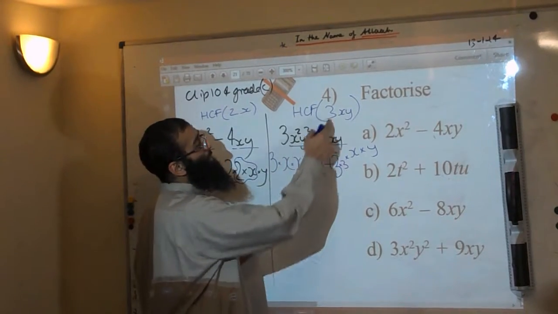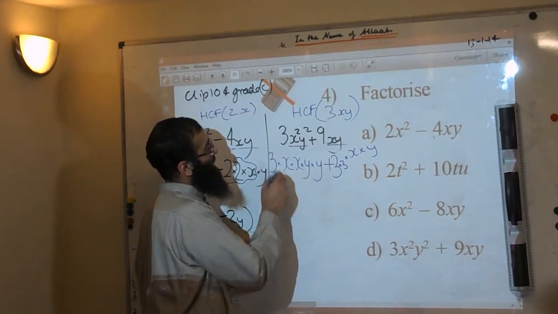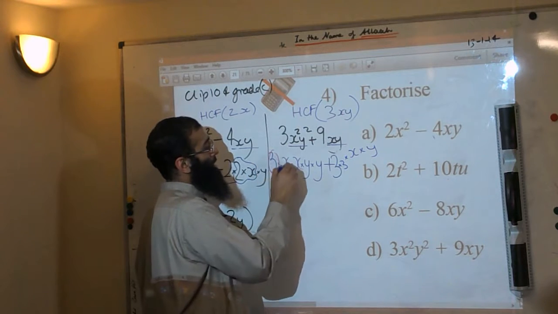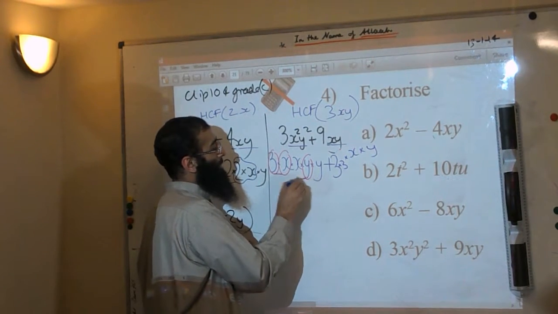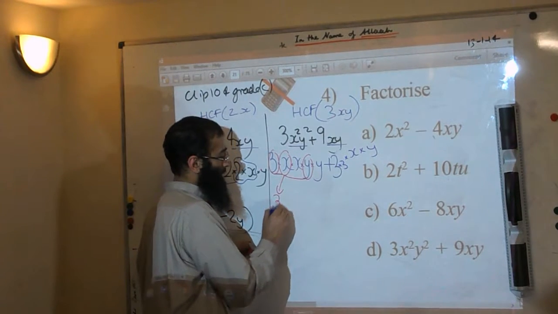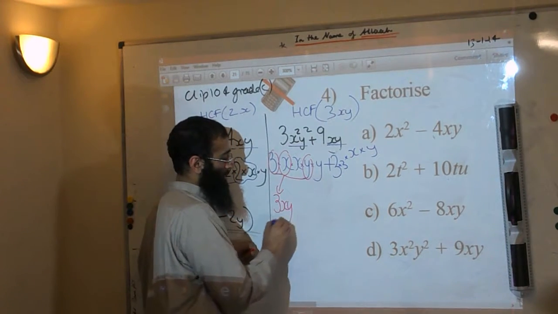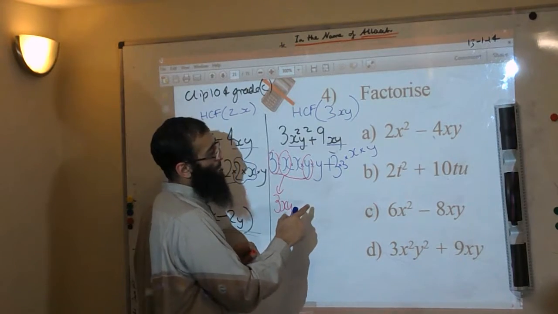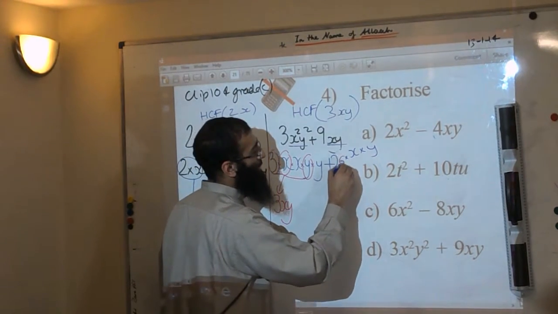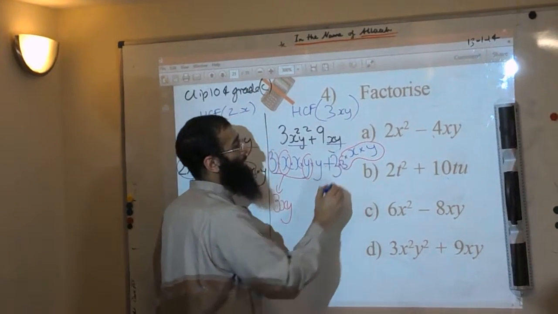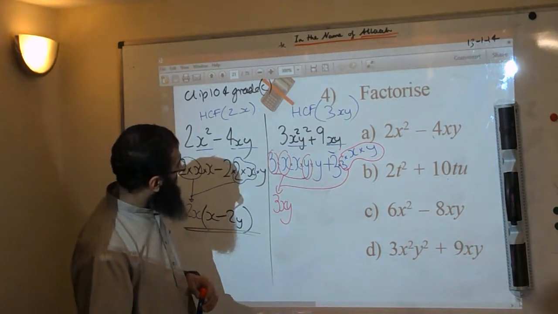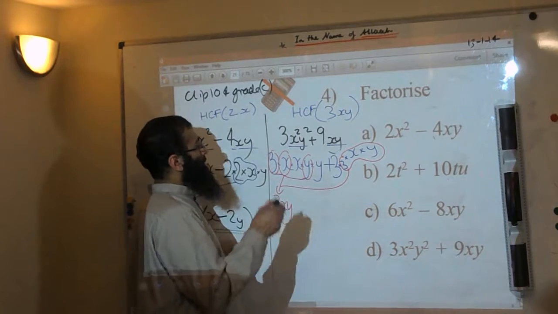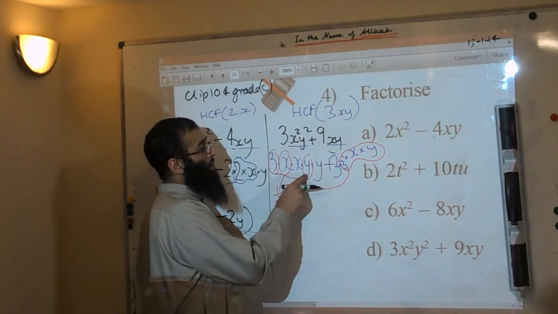So what's common here is the 3xy. Where's the 3xy? So we got here 3 and the x and the y separately. Just link them up. Okay. And where's the 3xy here? Here it is. Okay. Now, Hassan, what do we have left over now? So when I pull out from this side 3xy, what have I got left over?